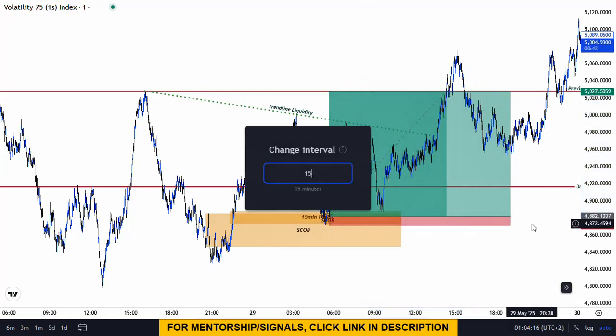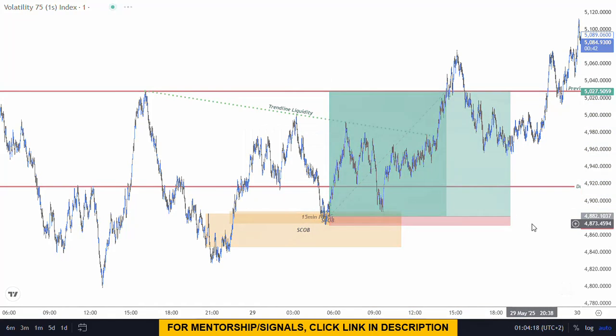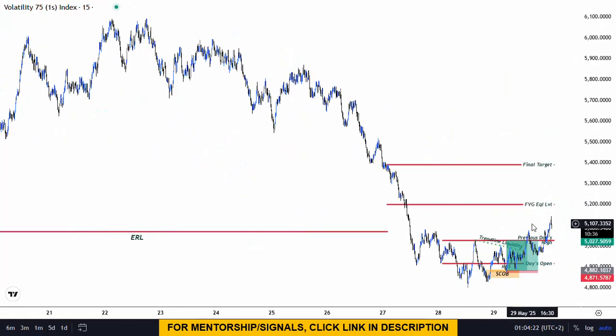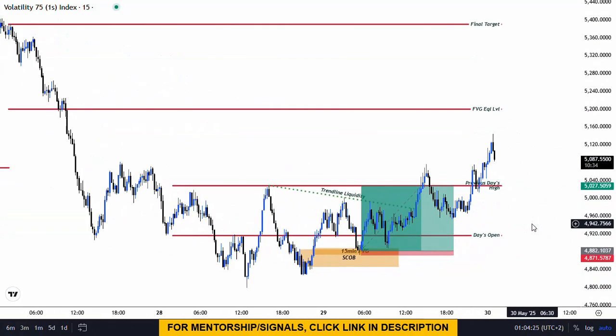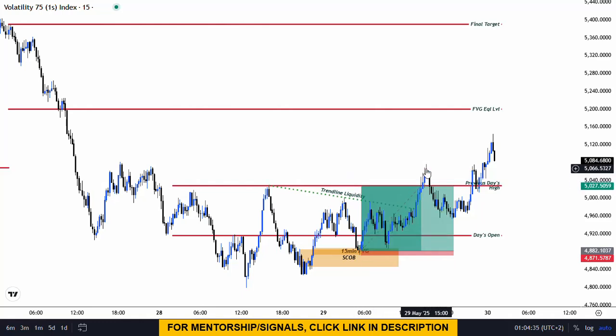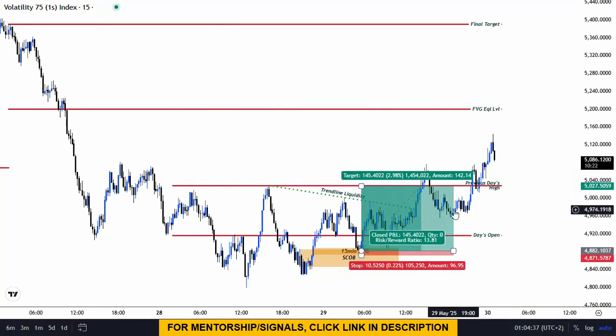So this is how you at least have an idea whether price is done or not. So price goes all the way up there, takes out whatever was there, goes up, and then starts coming down.